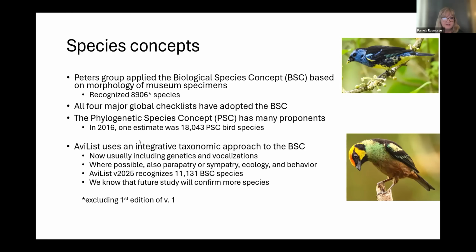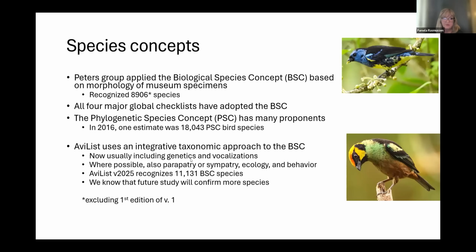Anyway, we're using the BSC, the approach that has been used by other checklists, and we nevertheless use an integrative taxonomic approach that, whenever possible, and that's now possible most of the time, includes information on genetic divergence and relationships, as well as often large samples of vocalizations that weren't available before.